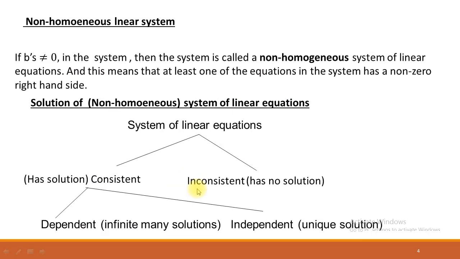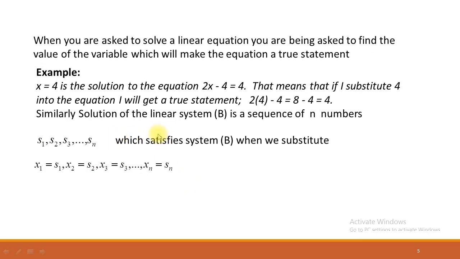So in this system, S1, S2, S3 up to Sn are the solutions for system B. S1 is the value of x1, S2 is the value of x2, S3 is the value of x3, and Sn is the value of xn. So this is the solution for system B.